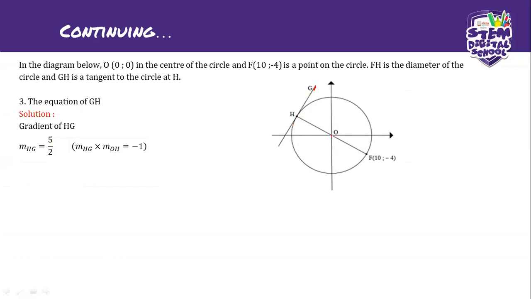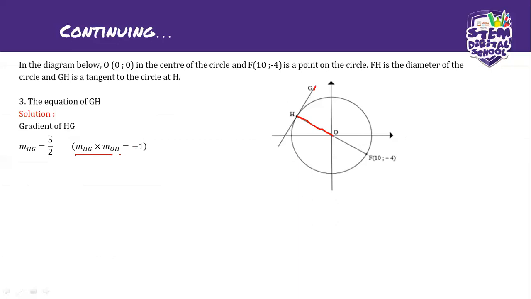Remember, earlier on we determined the gradient of OH. It was -2/5. Now, because this line is perpendicular to the tangent GH, the gradients of two perpendicular lines have a product of -1.